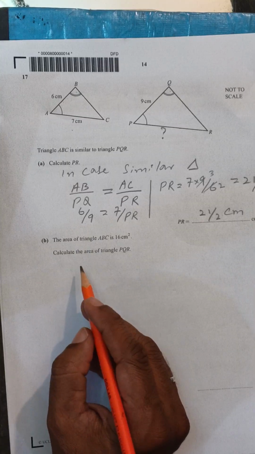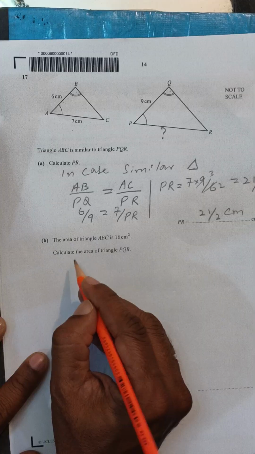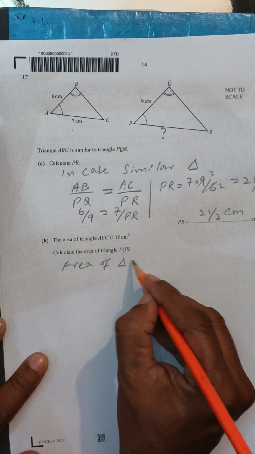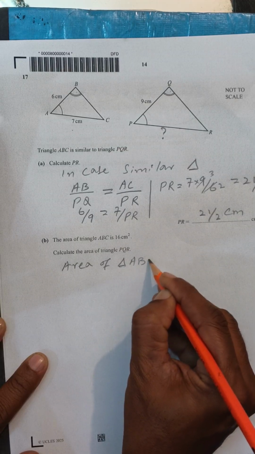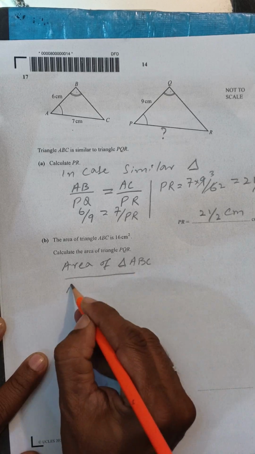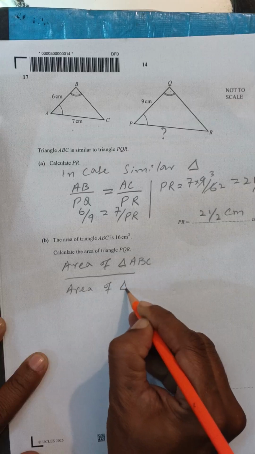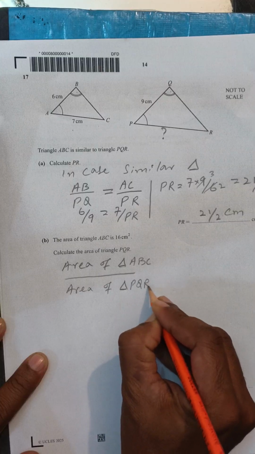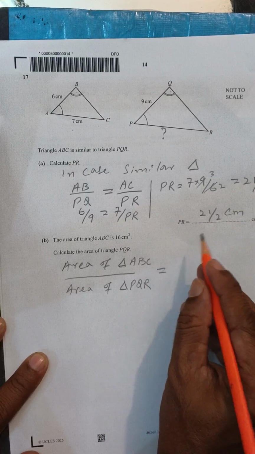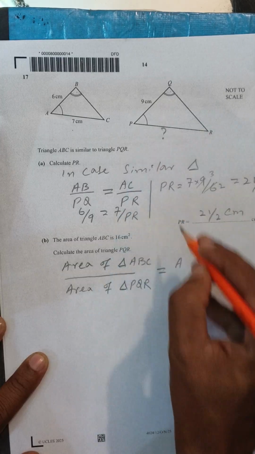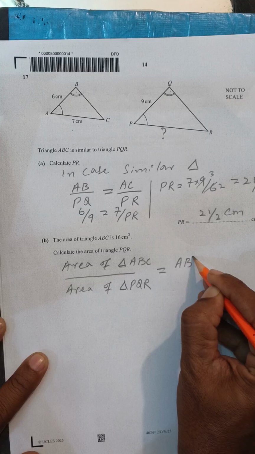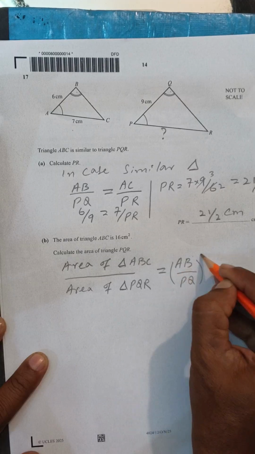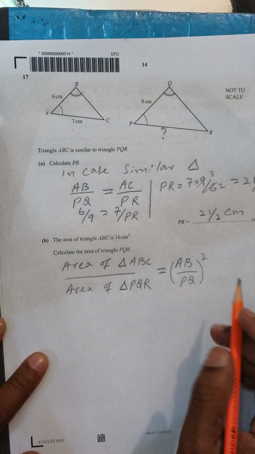The area of triangle ABC upon the area of triangle PQR is equal to the ratio of any two corresponding sides, say AB upon PQ, squared. You can take any ratio of any two sides and square it.